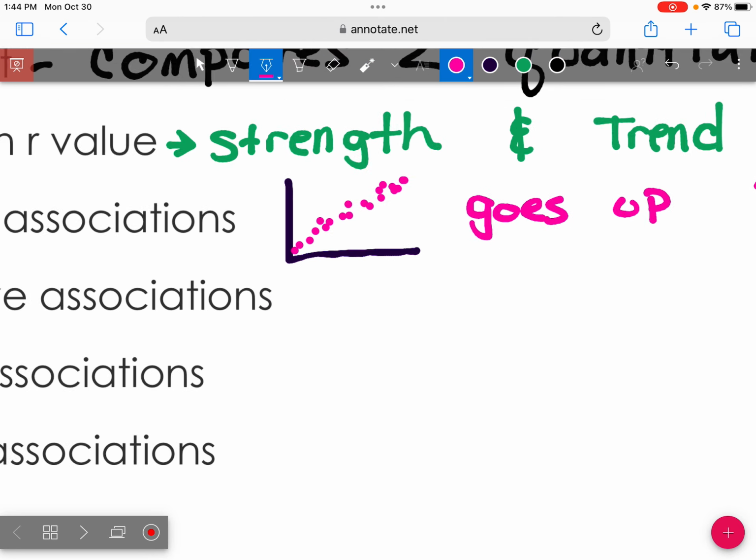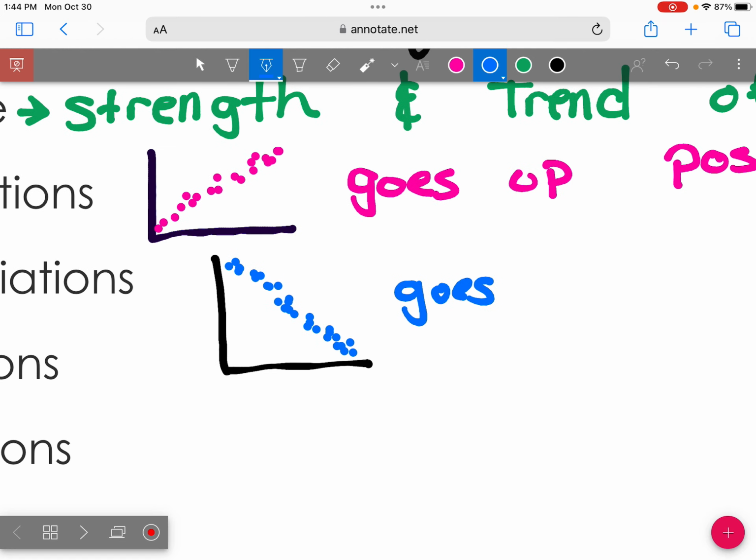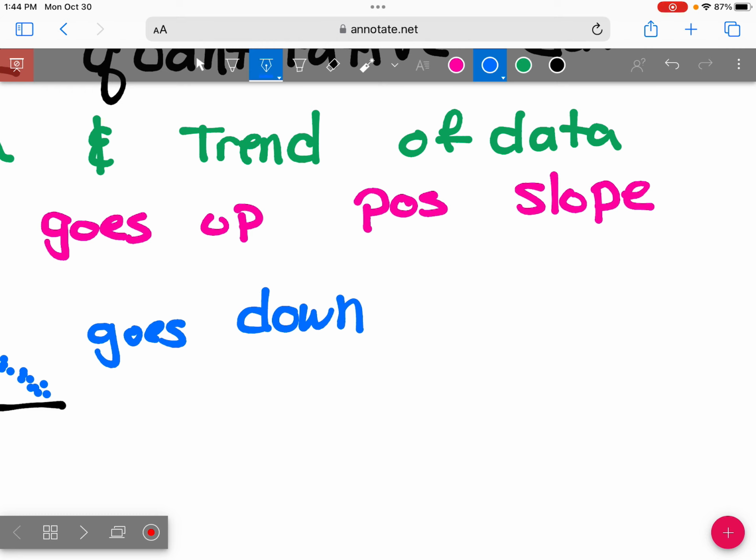A negative association or a negative R value, I guess what this goes is super shocking information: if a positive association goes up, a negative association goes down, or a negative slope.